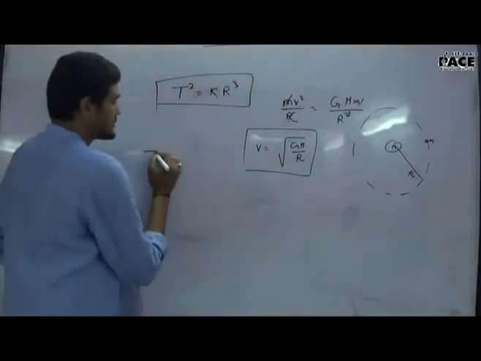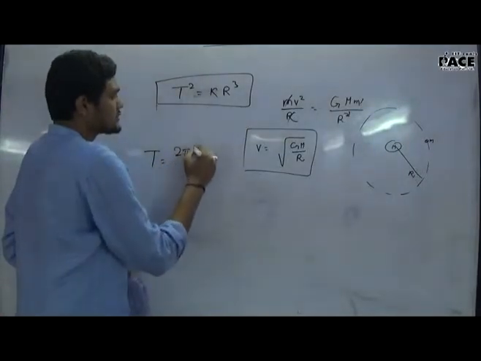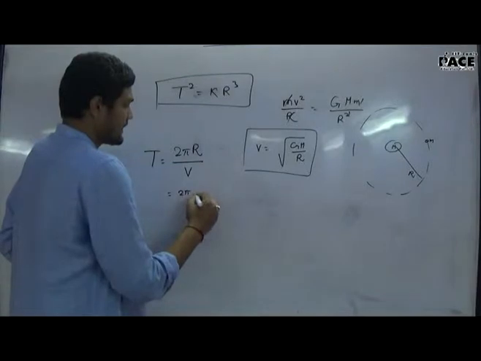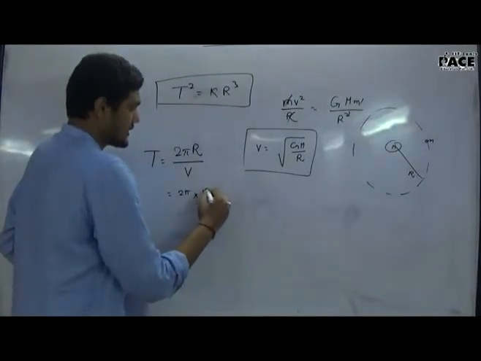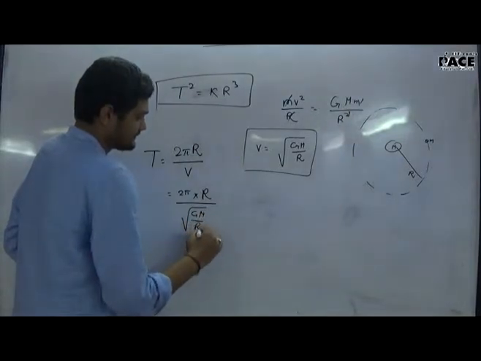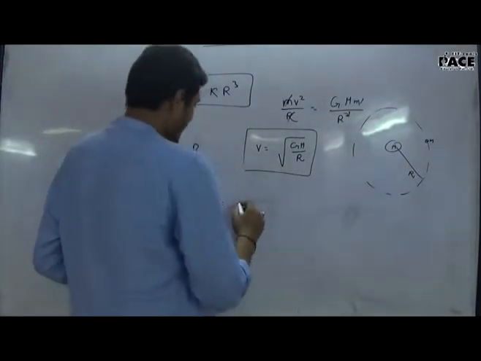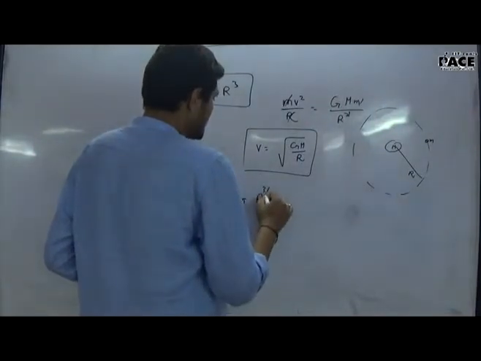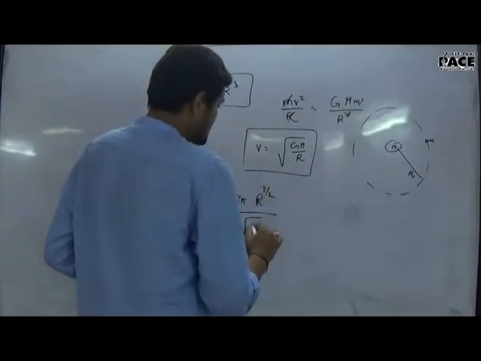Okay, so you can write time period as 2 pi r upon v, and that is equal to 2 pi into r, where v is root over GM by r. That is equal to 2 pi into r raised to 3 by 2 upon root GM.